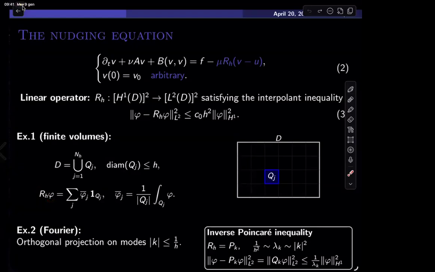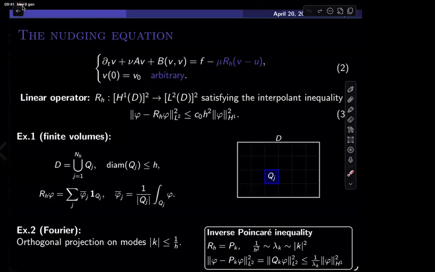Basically, you consider the mean value of phi inside of every square, and then you take the sum of all these mean values. So what is the idea? The idea is what happens in practice. When you do observation, you do not have the exact observation of your state at any point in space, but you have some mean values.